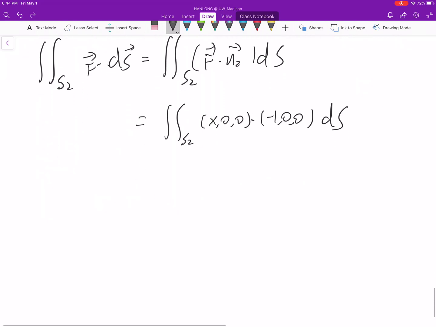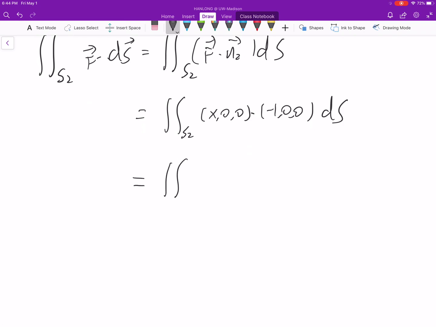So here you should have -x dS. It seems like it's not zero, but note that S2 has x coordinate 0.